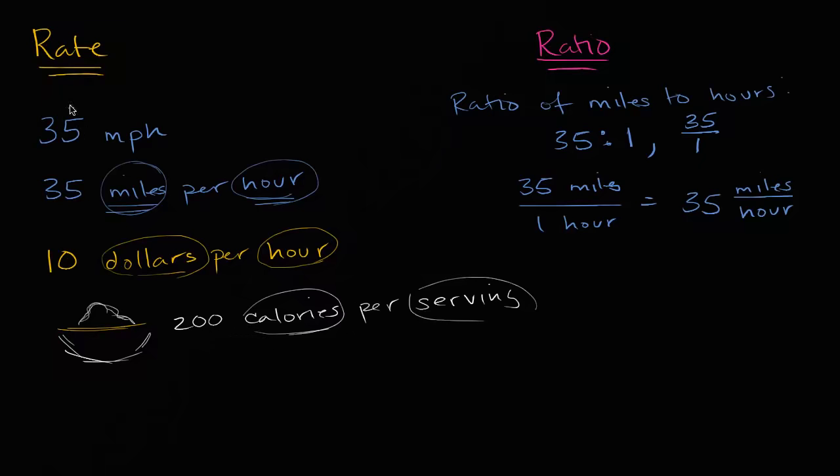Now, why do we care about rates? Well, especially if we're thinking about things like speed, without rates, it'd be hard to quantify how fast things are happening. Otherwise, we'd be in a world where we're saying, hey, I'm faster than you, or she's faster than me, but we wouldn't be able to quantify exactly how fast they are. But with rates, we can say, hey, that person ran 100 meters in 10 seconds.